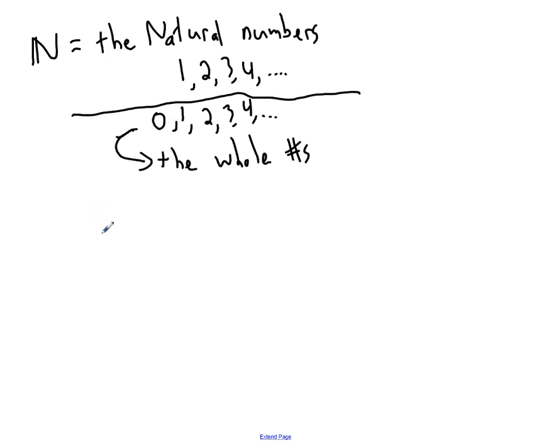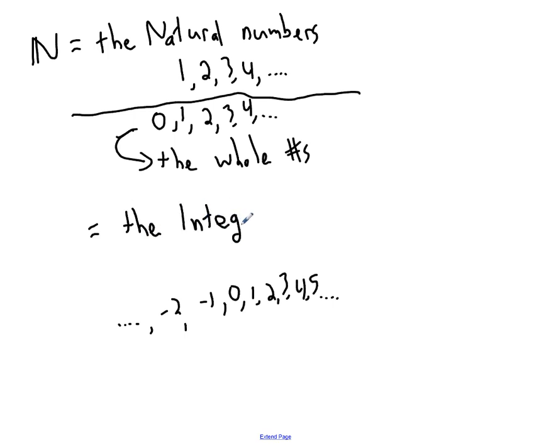The next largest set includes definitely 0 and all the other counting numbers, but it also includes their opposites. We call that the integers. And it's very common for people to misspell this.